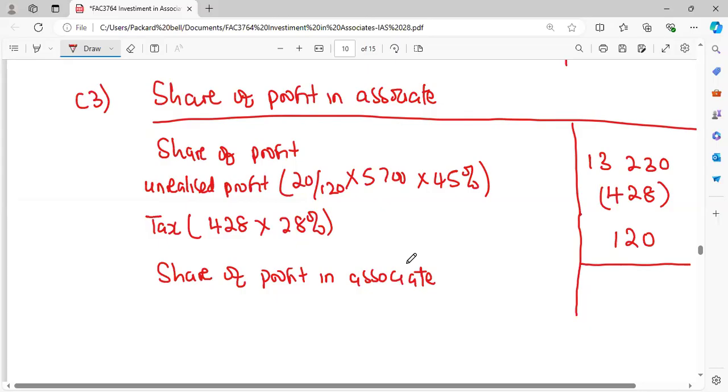So let's come up with the final share of profit in associate. Which means it's going to be 13,230 minus 428 plus 120, 12,922.